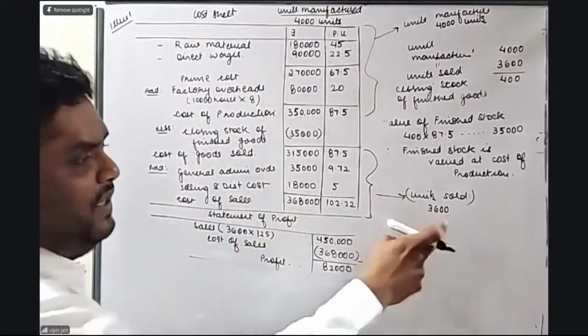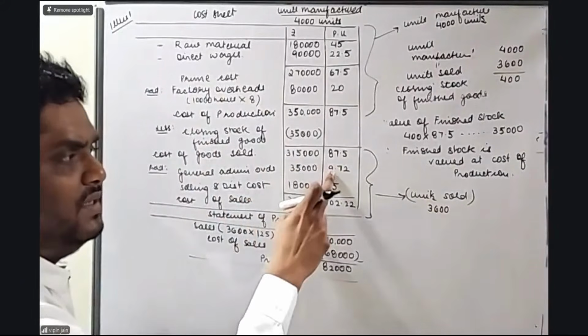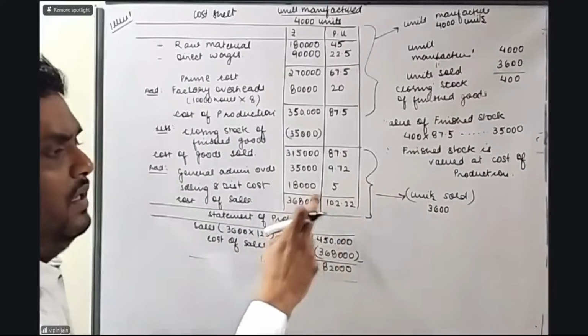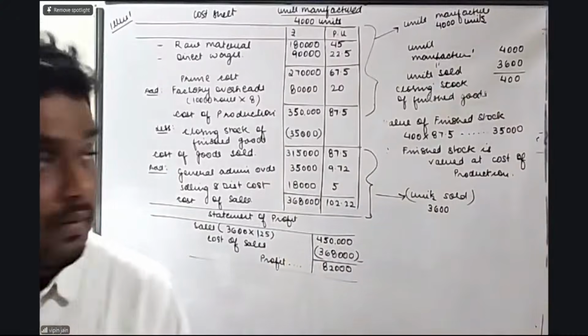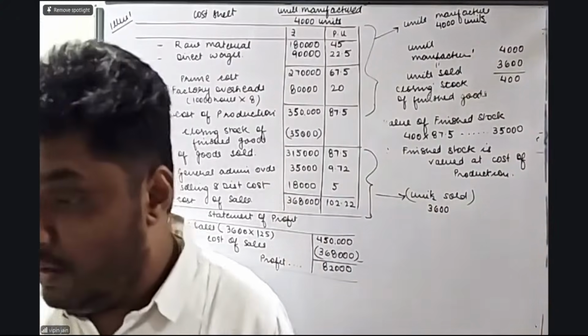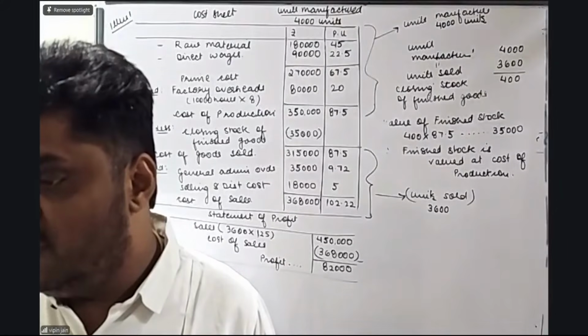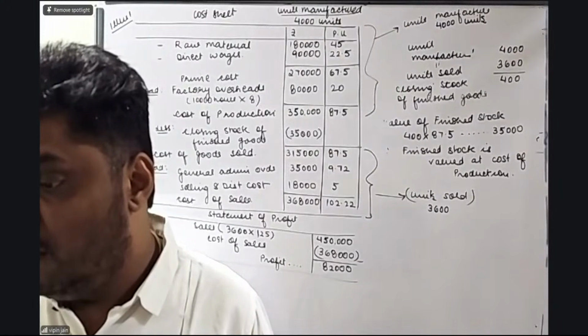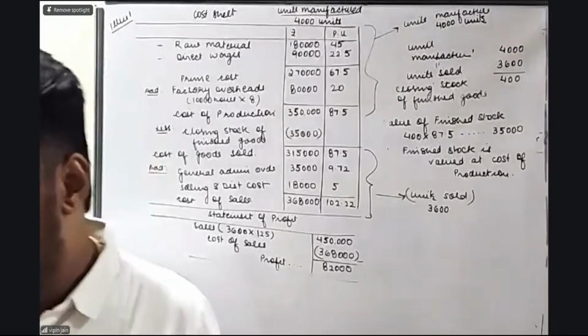So 3,15,000 divided by 3,600, 35,000 divided by 3,600, 18,000 divided by 3,600. Please check, Akila. Mr. Kabira, please check. Akila, hopefully your query is resolved now. Anyone else with any doubts?